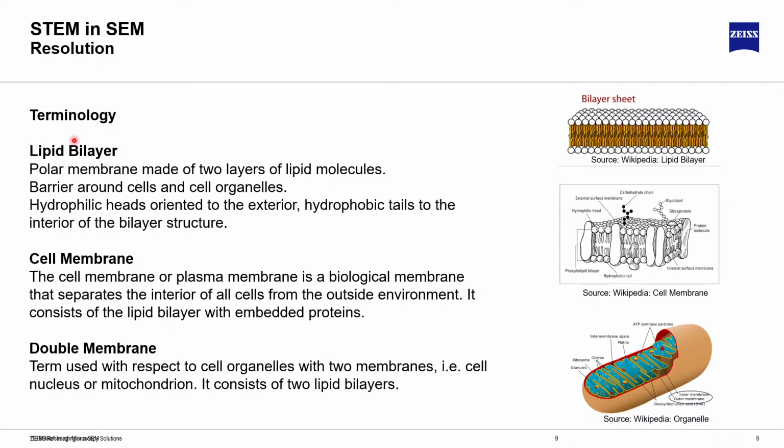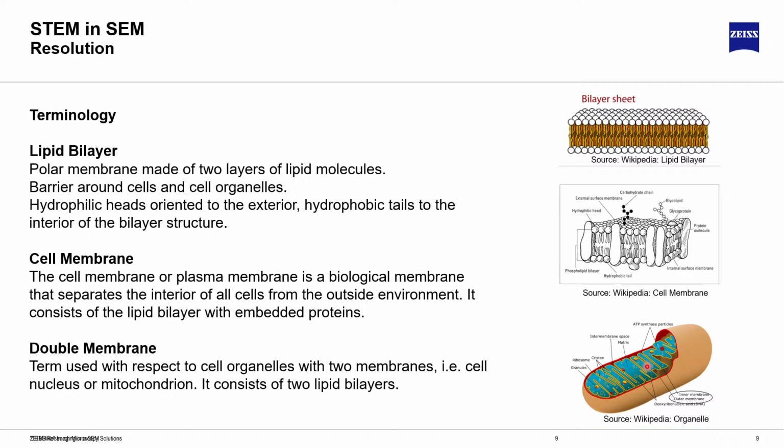What is being looked for in the life science environment for high resolution in this kind of imaging? The terminology typically is looking for this kind of ultrastructure: lipid bilayer, the cell membrane, which is a kind of lipid bilayer, and the double membrane from other organelles, ultrastructure inside of the cells, for example.